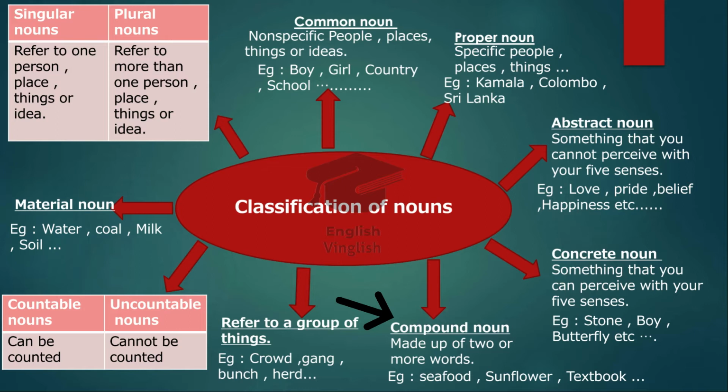Compound nouns are made up of two or more words. For example, walking stick. To make that noun, we use two words, walking and stick. If we take the two words separately, they give us two different meanings. But when we take it as one noun, it gives us another meaning.